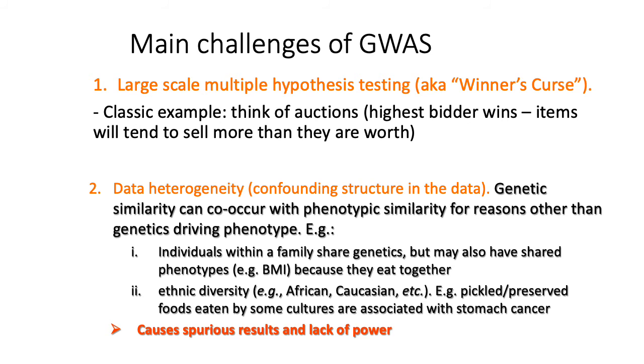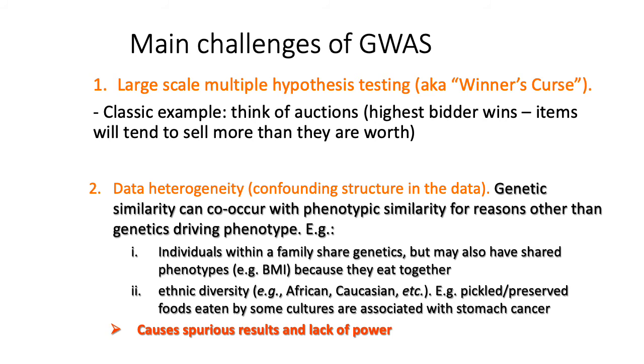That's generally how association tests work, even the line-fitting one we talked about. And the idea with hidden confounders is that if genetic similarity co-occurs with phenotypic similarity for reasons other than genetics explaining phenotypes, then that's a problem.